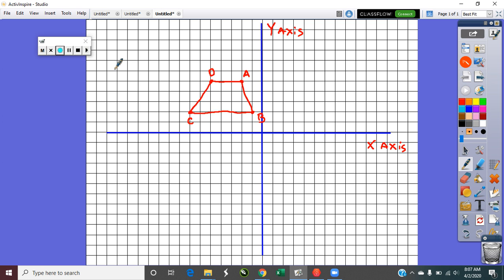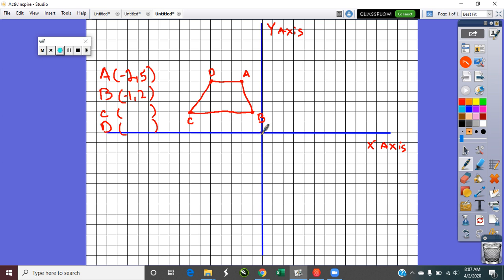The first thing I want to do is write the coordinates of these points: A, B, C, and D. The coordinates for point A would be -2, 5. Coordinates for B would be -1, 2.